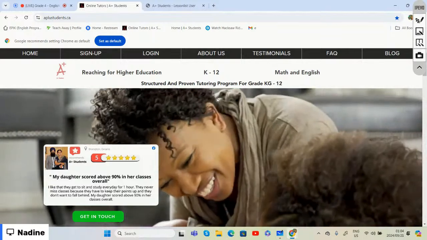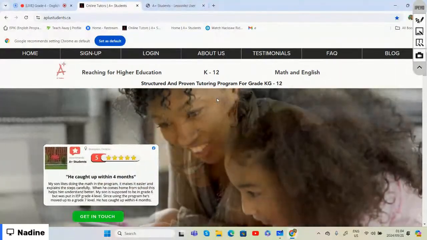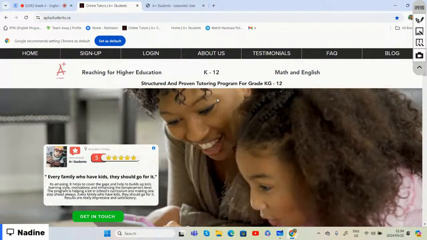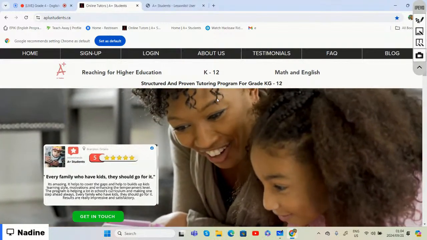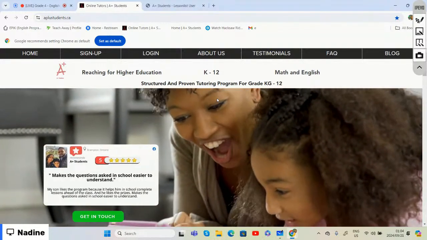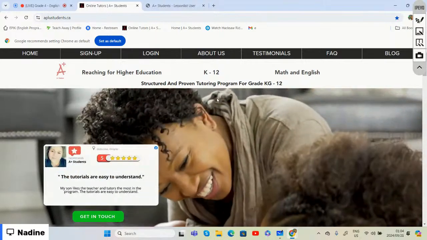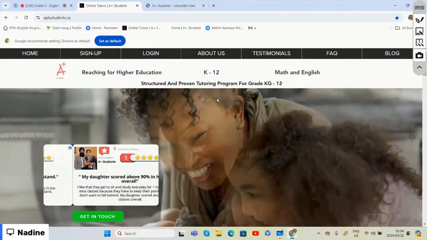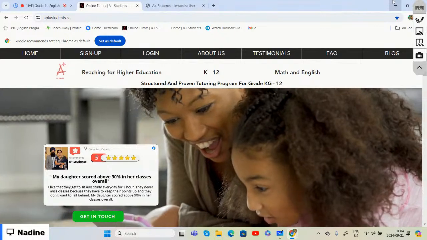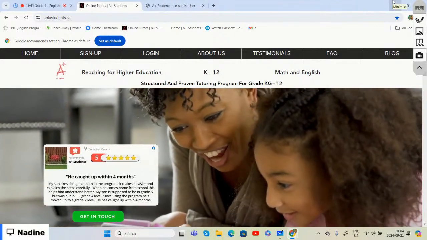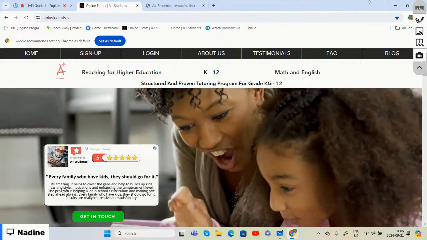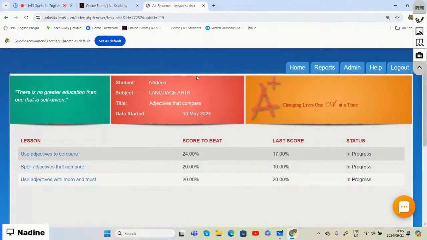We're doing grade 4, and then we're going to scroll down until we get to the chapter of adjectives that compare.